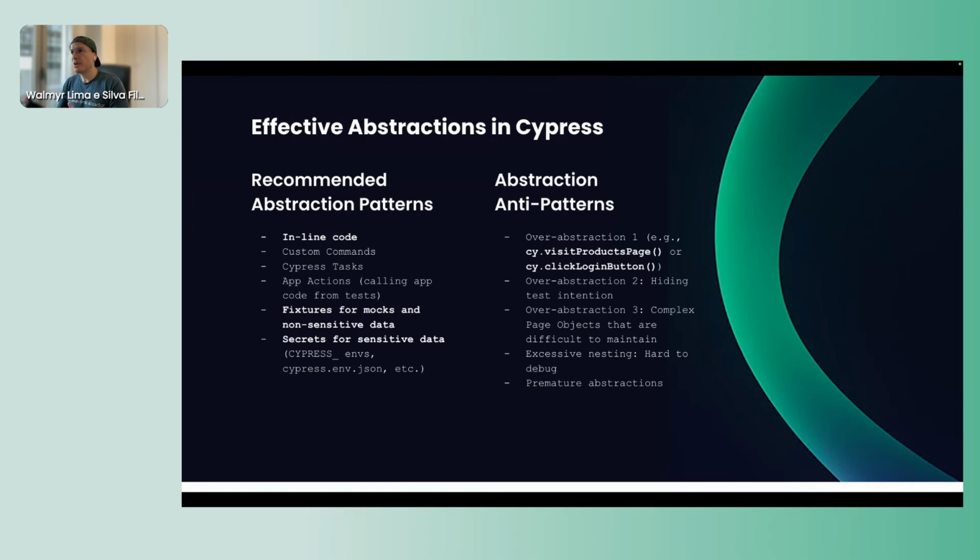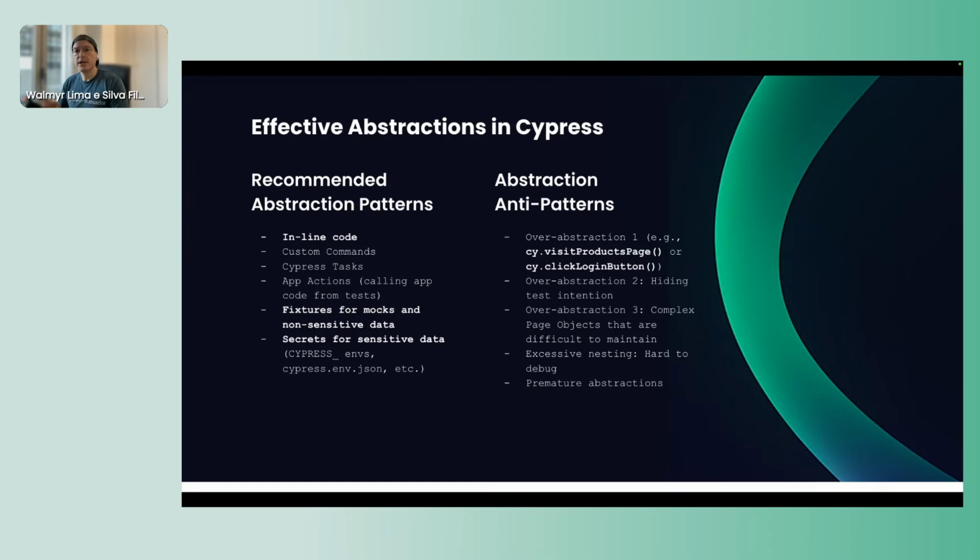So the first recommended abstraction pattern, and actually it's not really an abstraction, is writing code inline without abstracting it to a page object, to a custom command, to a helper utility function or anything.